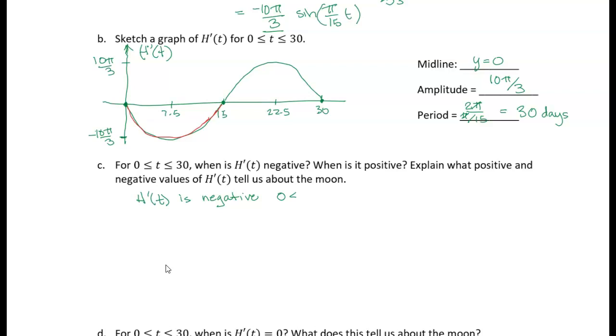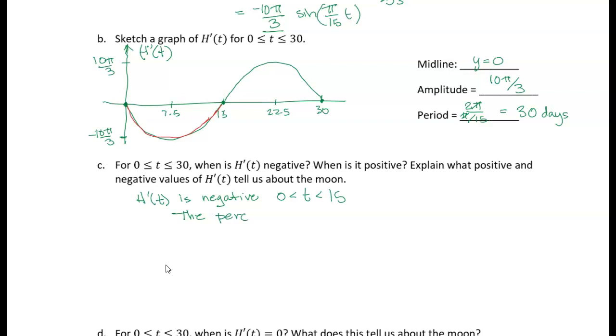So between 0 and 15, the derivative is negative, which means that the percent of the moon illuminated is decreasing during that time period. Okay, so let me write that down because we're asked to explain what we mean.